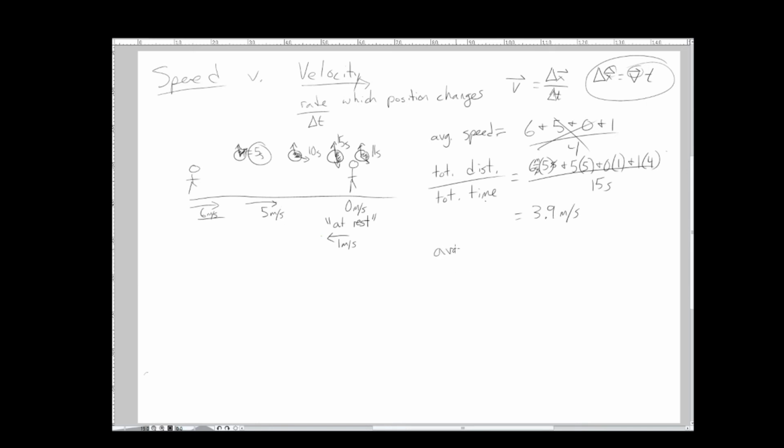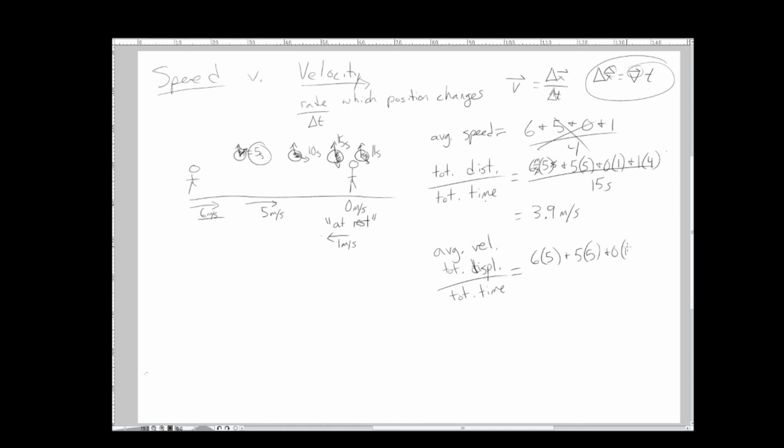The average velocity, since it's a vector, will not use the total distance, it'll use the total displacement over the total time. And that's going to give us pretty much the same equation as earlier, but with one exception.